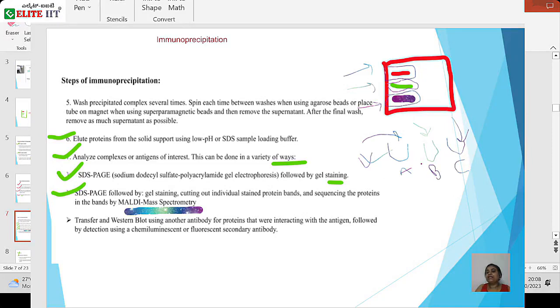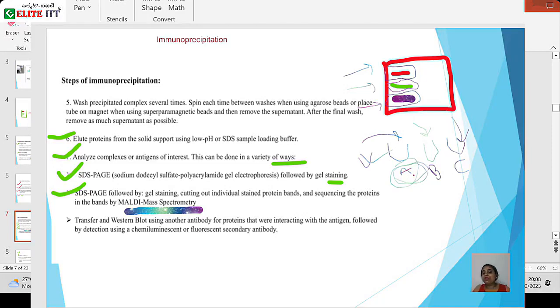Now you can compare all the molecular weights, and from the database you can identify that this A is actually your antigen of interest. Clear? So that is the confirmatory test.